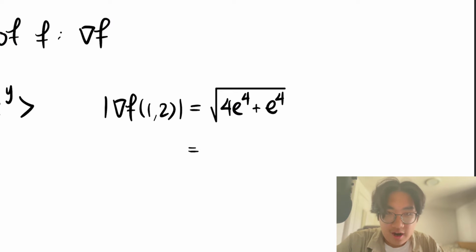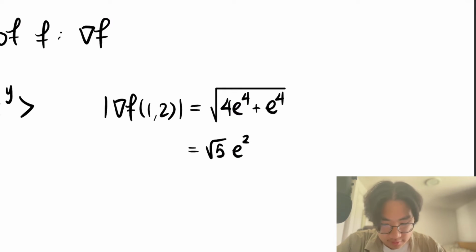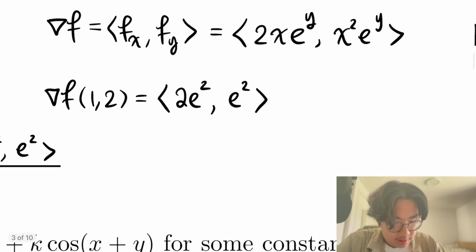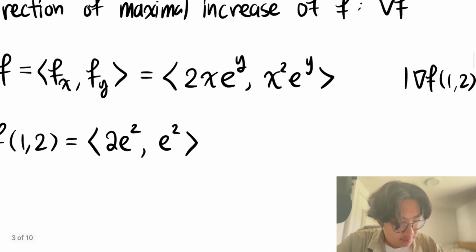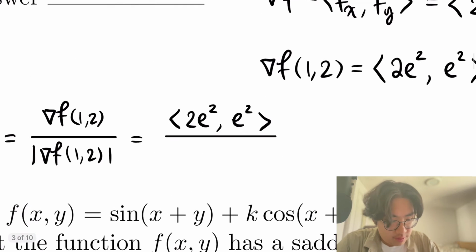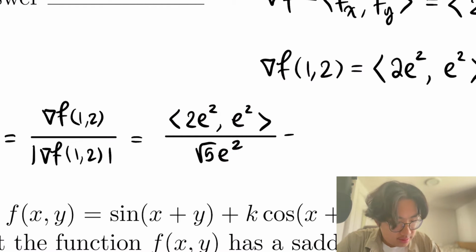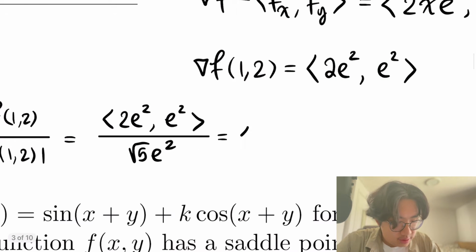So here you get 5e to the power of 4, or just root 5 e squared. Okay, from here we can proceed. So root 5 e squared. Here, this is what I meant. The e squareds will cancel out. So what you're left with is just this.